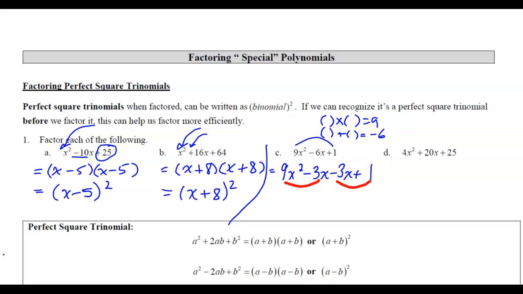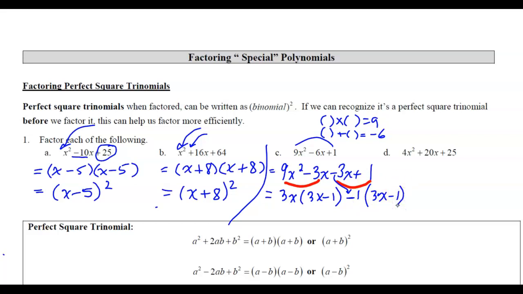and factor those groups. Okay, so 3x is common. You're left with 3x minus 1. You copy out whatever the next sign is. It's a minus. And so I'm really factoring out a negative 1 there. So I'm left with 3x minus 1. The bracket has to be the same.